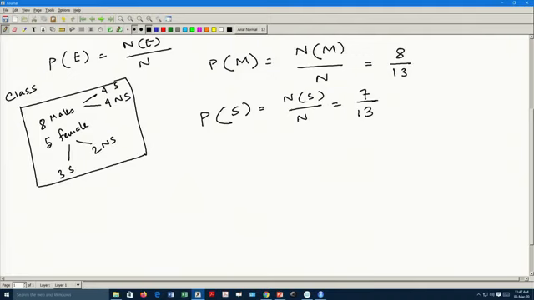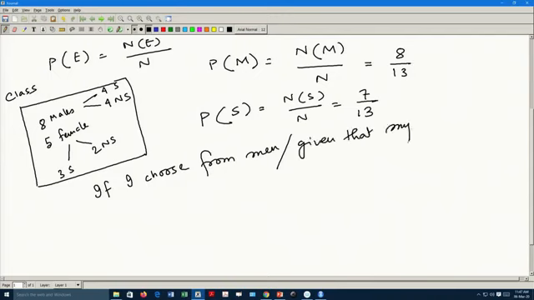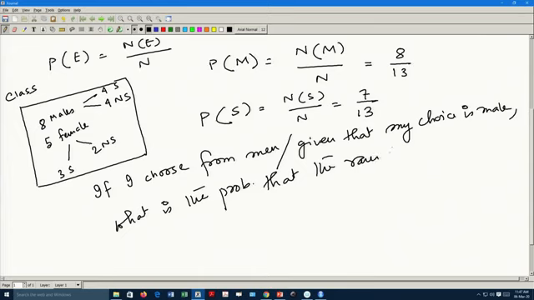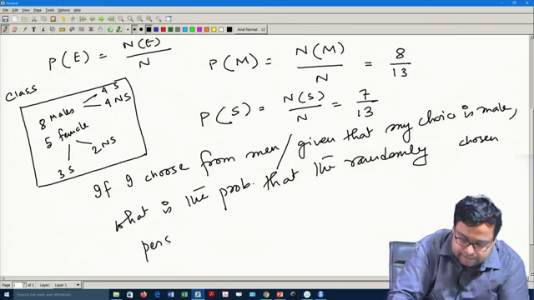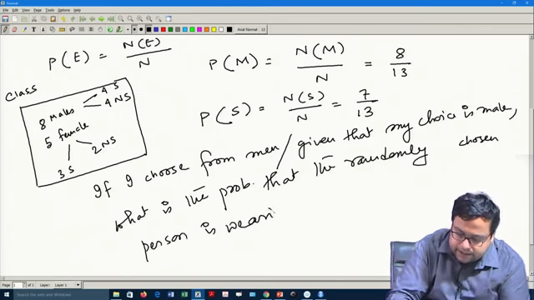Now, listen to this question carefully. Given that my choice is from males, what is the probability that the randomly chosen person is wearing a spectacle?